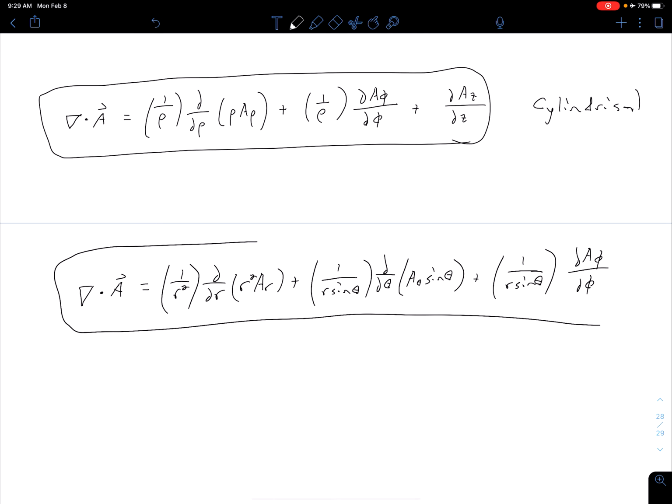And that is our divergence equation for the spherical coordinate system.